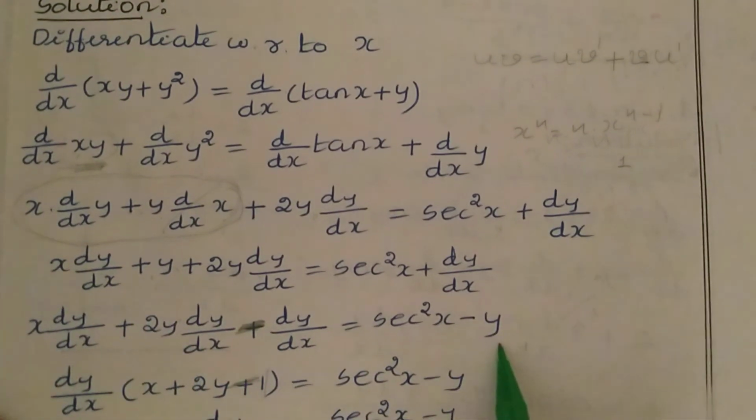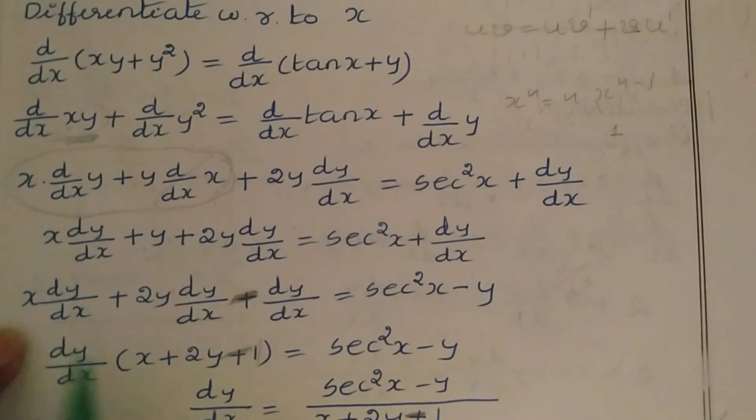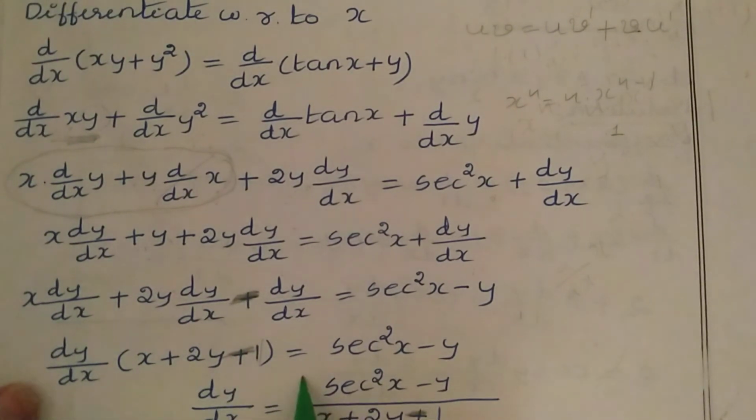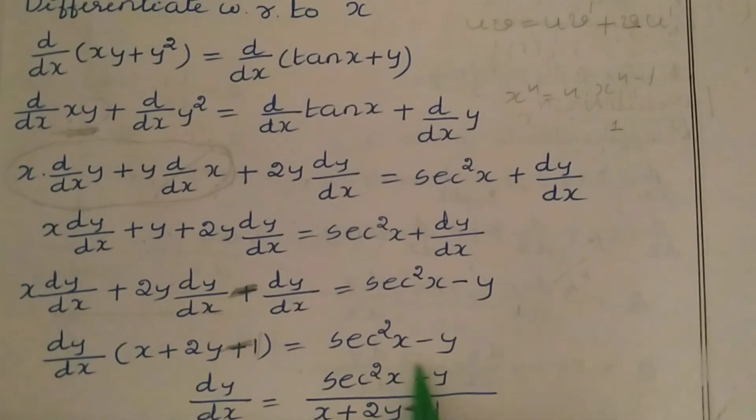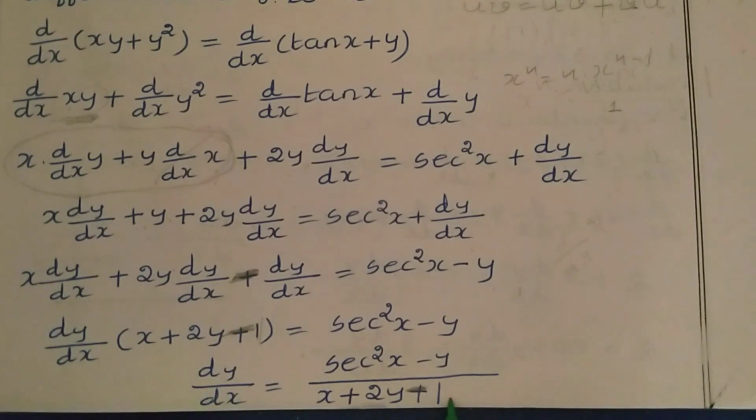Take this to the right hand side, minus y. Now from this dy by dx is common. So take that out. We have the remaining term x plus 2y minus 1 is equal to sec square x minus y. So here we get dy by dx is equal to sec square x minus y divided by x plus 2y minus 1.